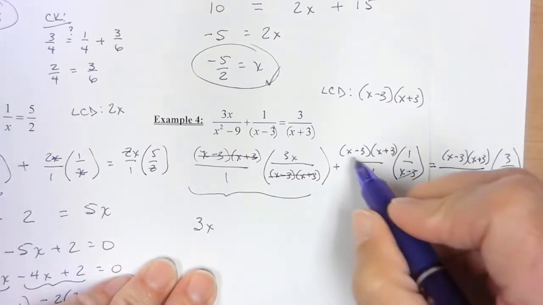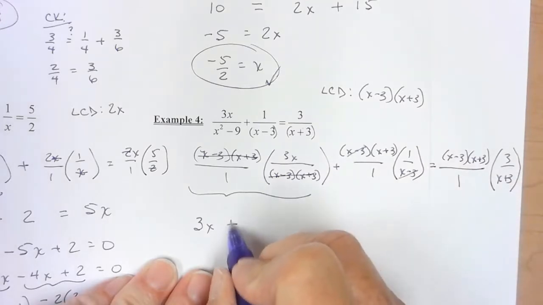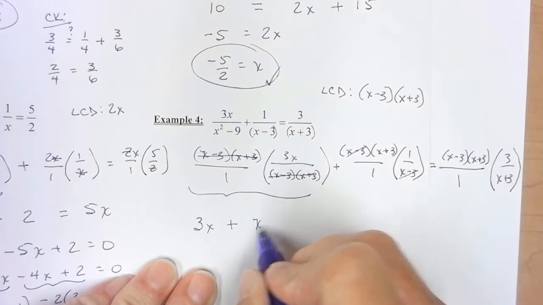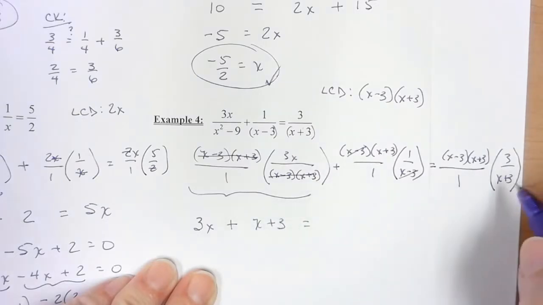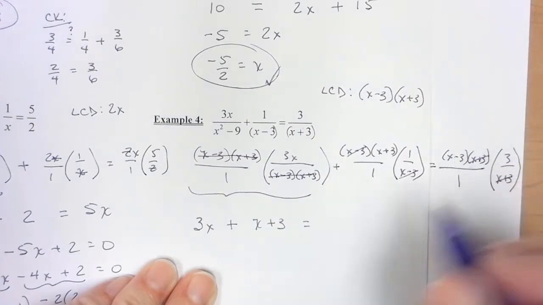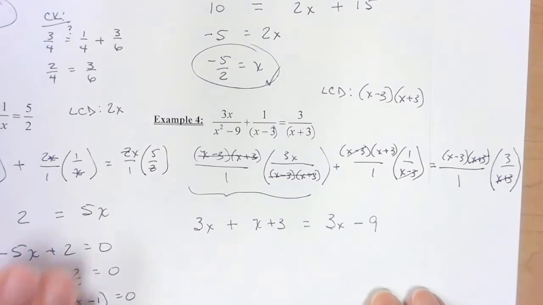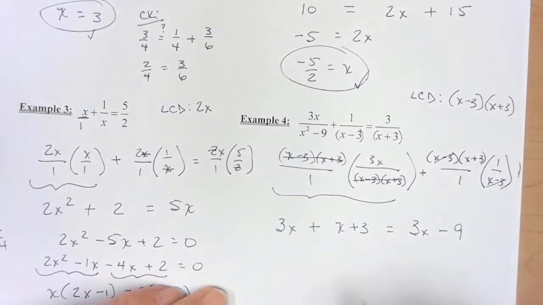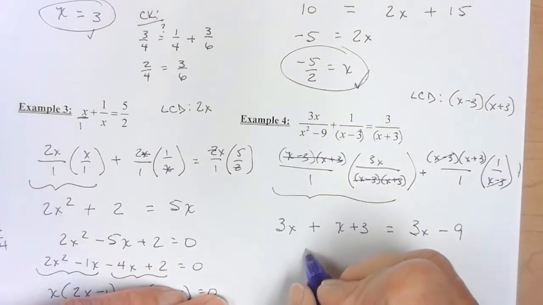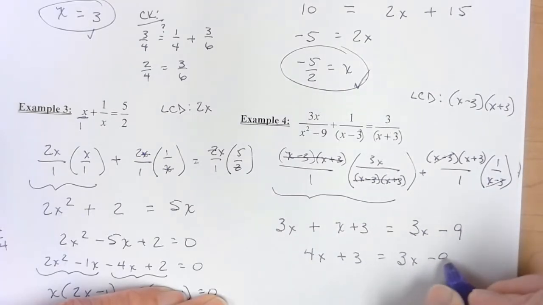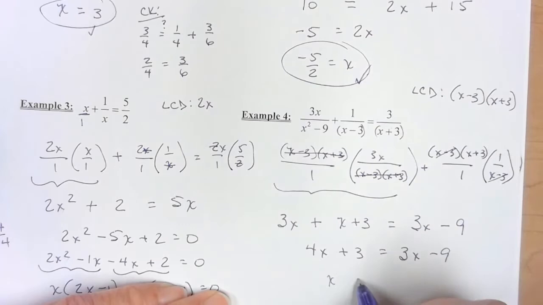This one, the x minus 3's cancel, so I'm going to have a plus 1 times that, so all I have is x plus 3. This one, the x plus 3's cancel, so I've got 3 times that, so that would be 3x minus 9. Alright. So 3x plus x, that would be a 4x plus 3 is equal to 3x minus 9. That would be x equals negative 12.